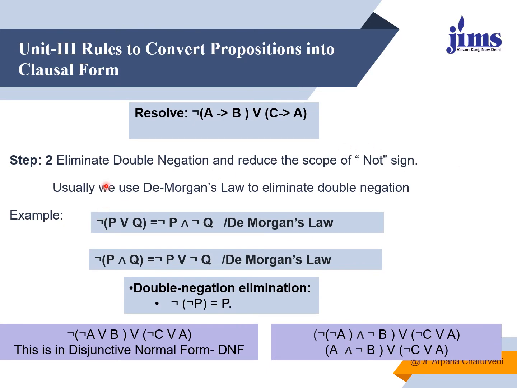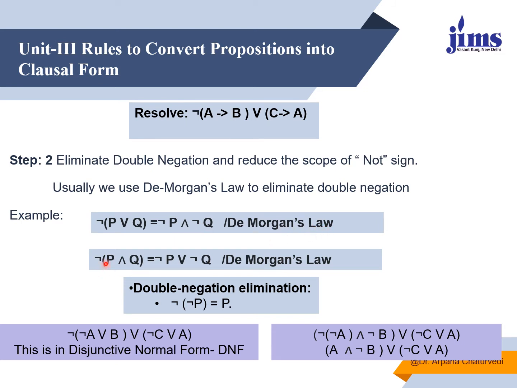Now, the second step is to remove double negation. We have to check whether we have double negation in the given proposition, and if so, remove it. To do this, we should remember certain rules which we have already studied. If not is outside a bracket containing P or Q, it can also be written as not P and not Q. This rule is known as De Morgan's law.